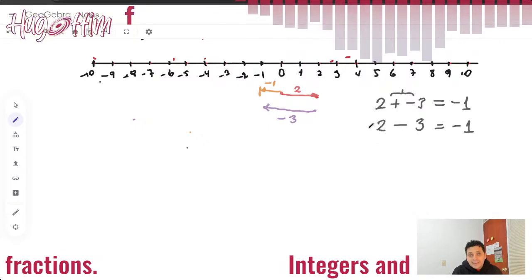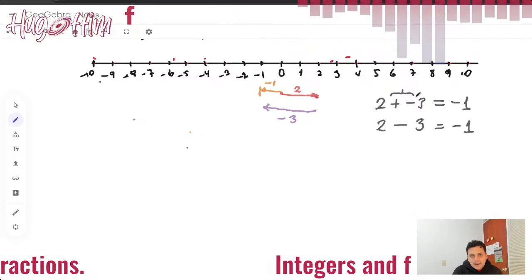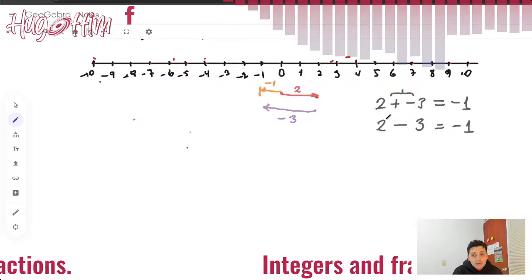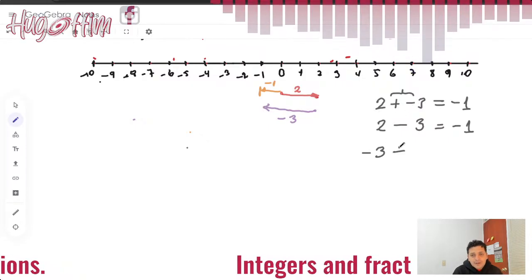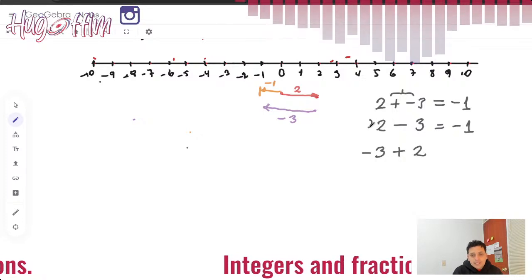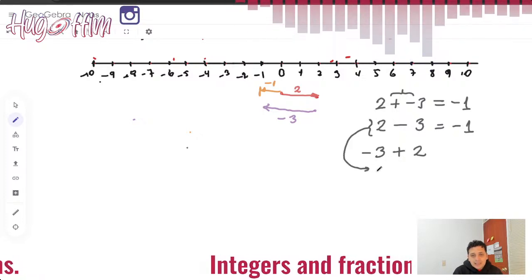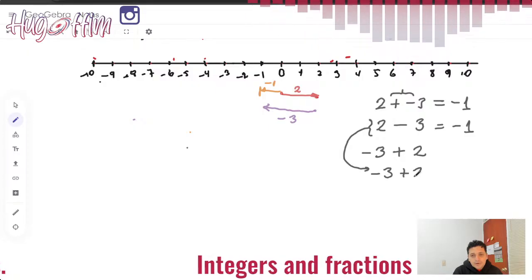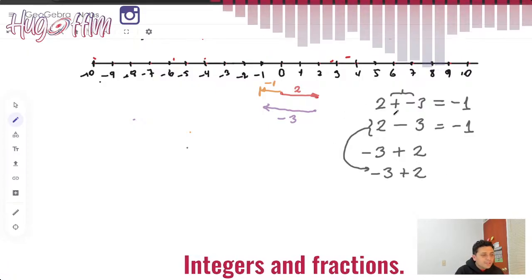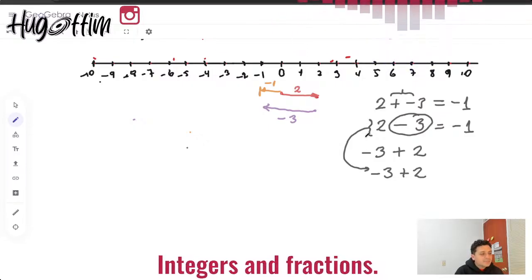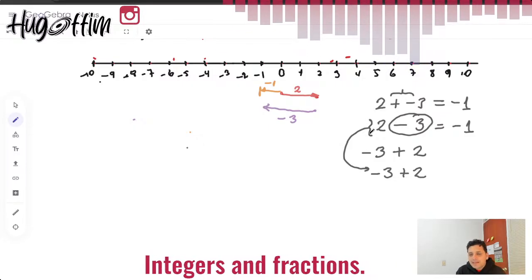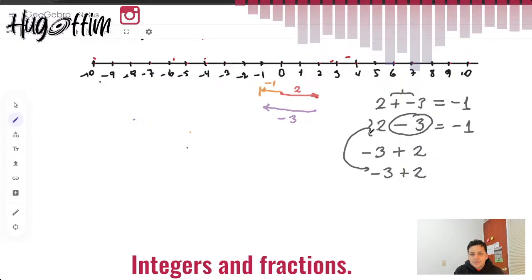And as addition is commutative, 2 plus negative 3 is the same as negative 3 plus 2. You can understand it immediately here as well, because you can move the term with its sign.